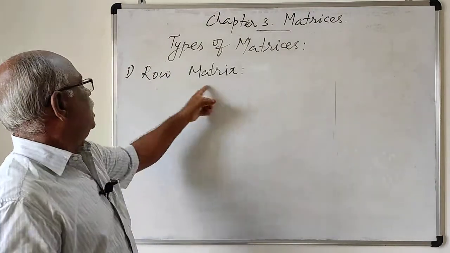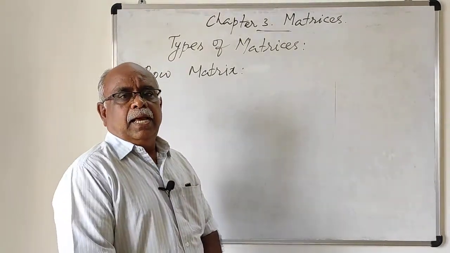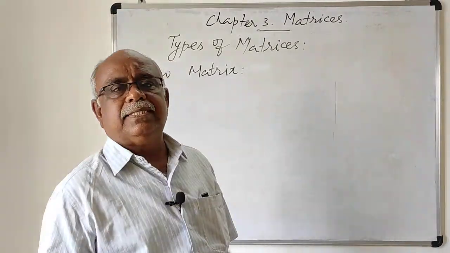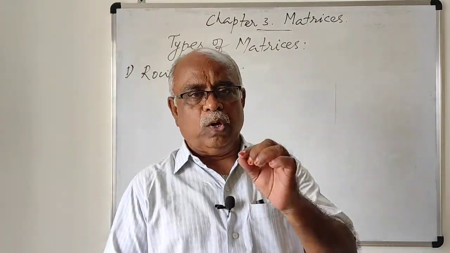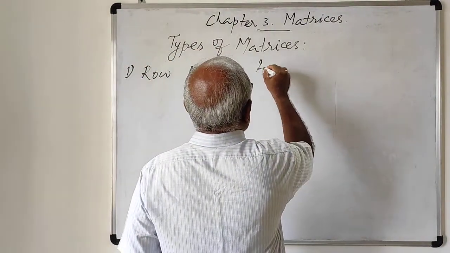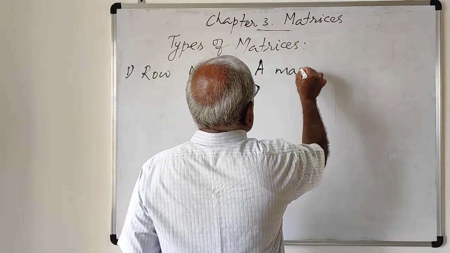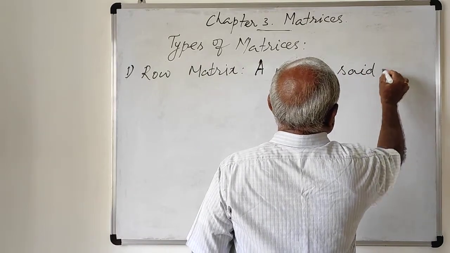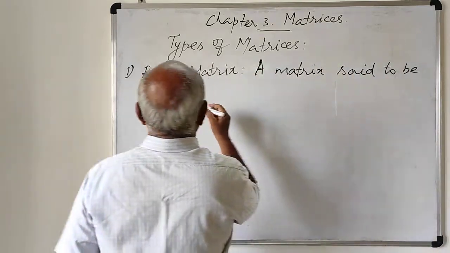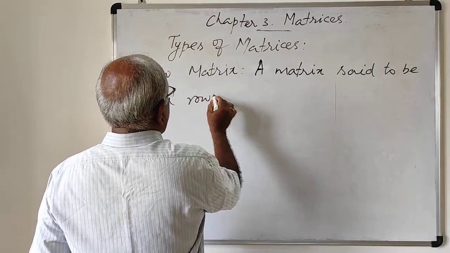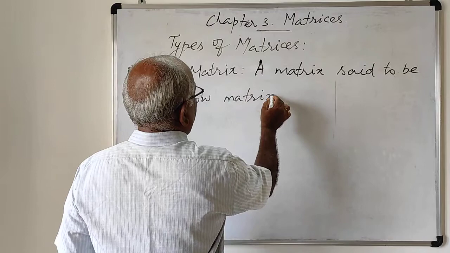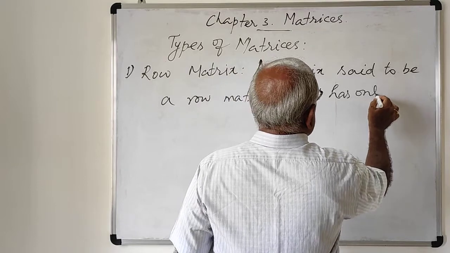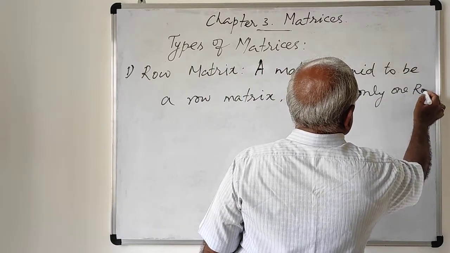First, row matrix. A matrix is said to be a row matrix if it has only one row.